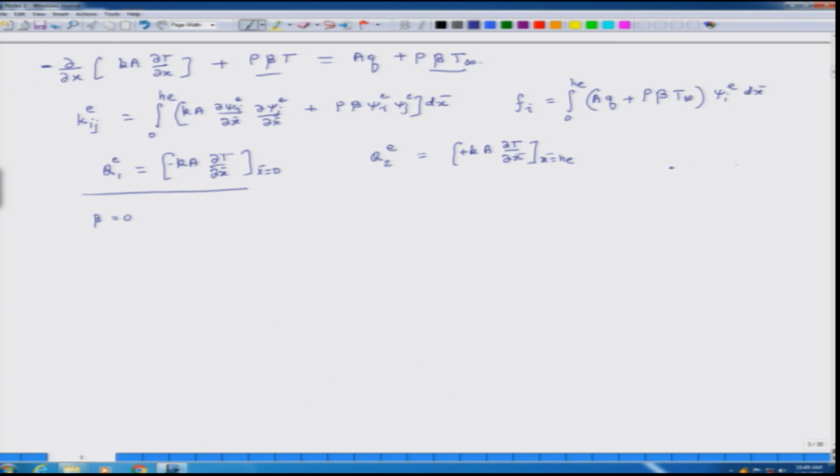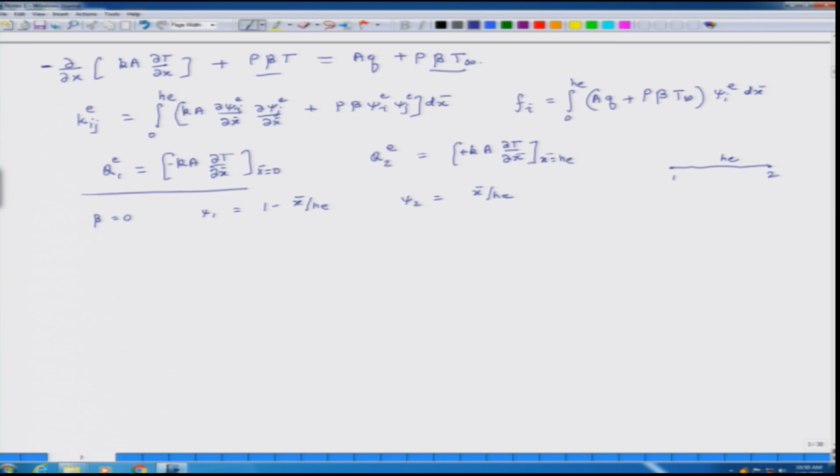If it is a 2 noded element, this is node 1, node 2, length of the element is He, then my approximation function psi 1 equals 1 minus x bar over He, and psi 2 is equal to x bar over He.